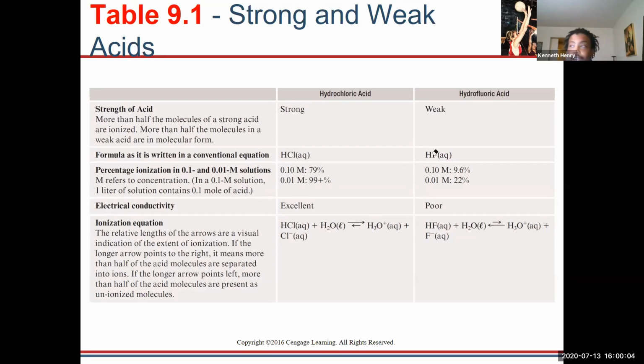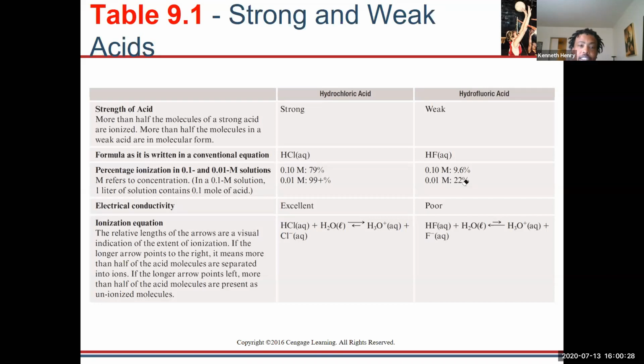Hydrofluoric is the other way around, right? So at 0.10 molar, it has 9.6% separated into the ions. So that means that it's mostly together. 90% of it is together. At 0.01 molar, 22% of it is separated into its ions. That means that you have 78% of it that's still stuck together.